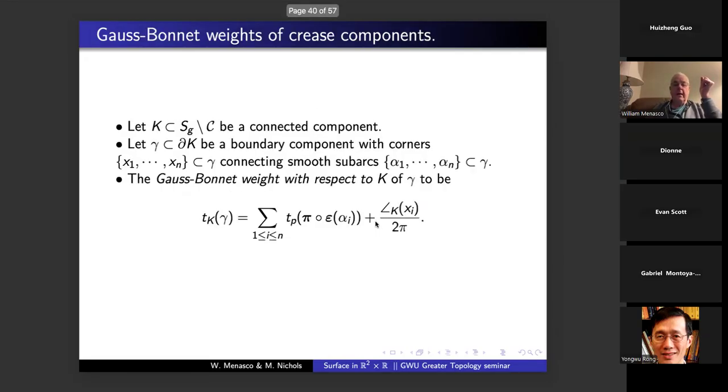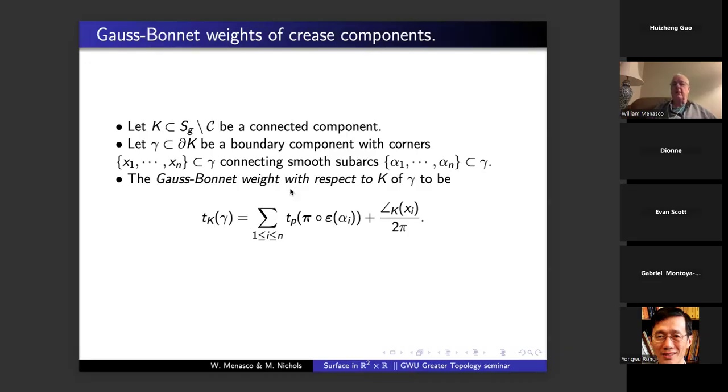All right. And then suppose you looked at your surface and you looked at the complement of the surface with a crease set, you're going to get a surface, a connected component. And I actually want to take the closure of that to recapture the crease curve. So let gamma be a component that has corners. So there's so many corners here, and then there's so many smooth arcs.